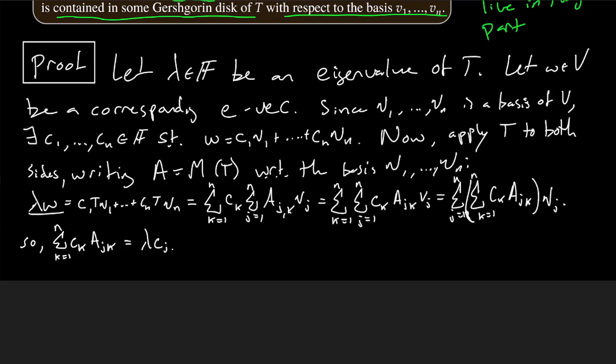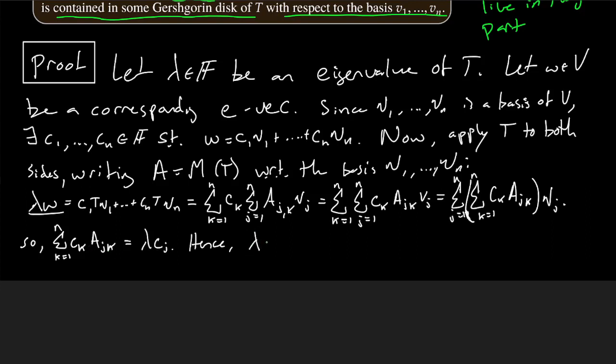So, here's what I'll do. I will write it this way. Now that I've got this equation, I will take the diagonal term over here and subtract it to the other side.